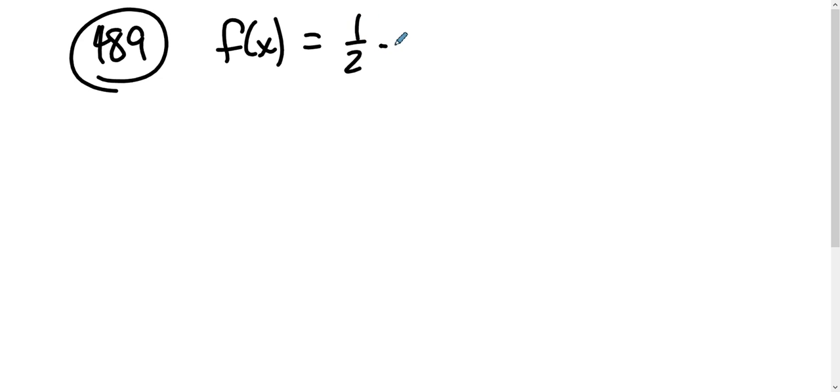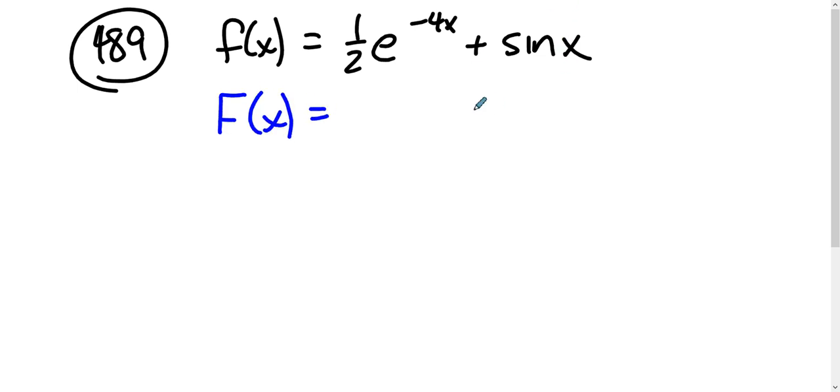If I may, 489, I asked you to find the antiderivative of this. And you're already thinking, wait a minute, we've already done part of this over here. Well, you and I both remember that the antiderivative of e to the blah is e to the blah. But then when we check ourselves, the derivative of this is e to the negative 4x times negative 4.